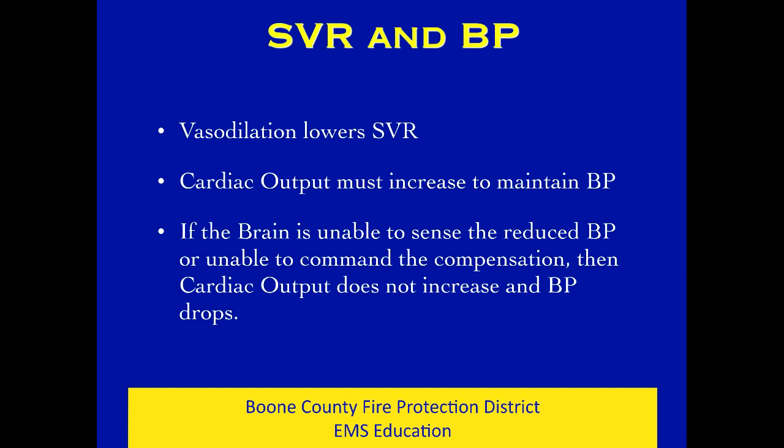Heart rate can go up, stroke volume can go up, overall cardiac output can increase and accommodate that abnormally low SVR. However, that requires that the neurosystem, the brain, is able to sense that reduced blood pressure and able to send commands that get through to do the compensatory stuff, to have the increased heart rate, the increased stroke volume.